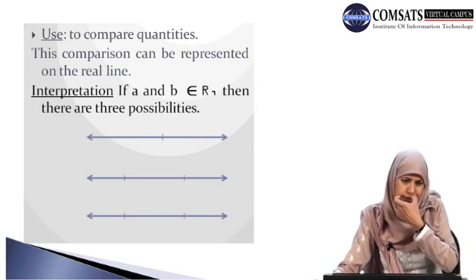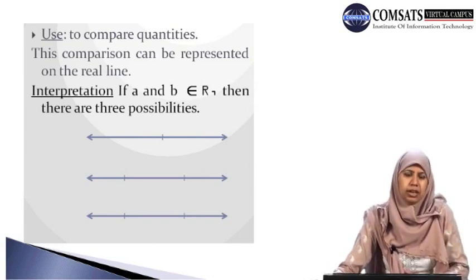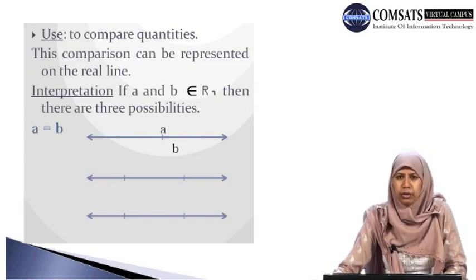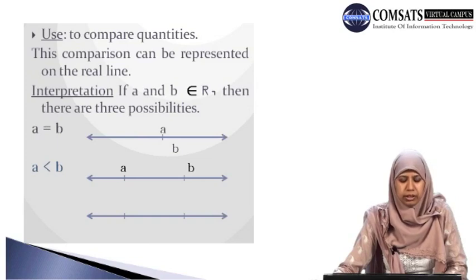If we have two quantities a and b, there are only three possibilities of relation between a and b. Either a is equal to b, or a is less than b, or b is less than a.